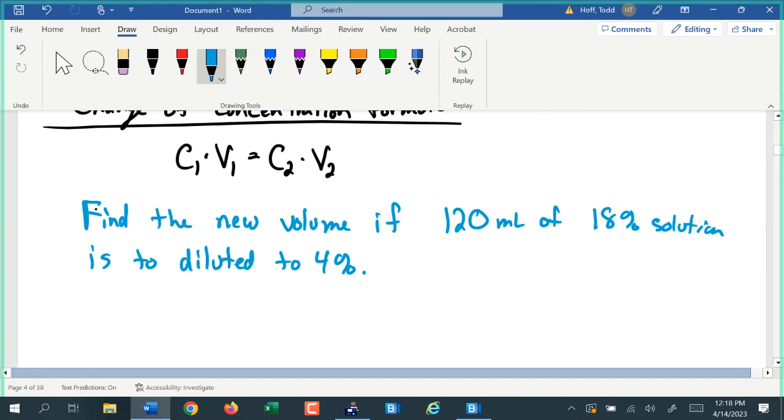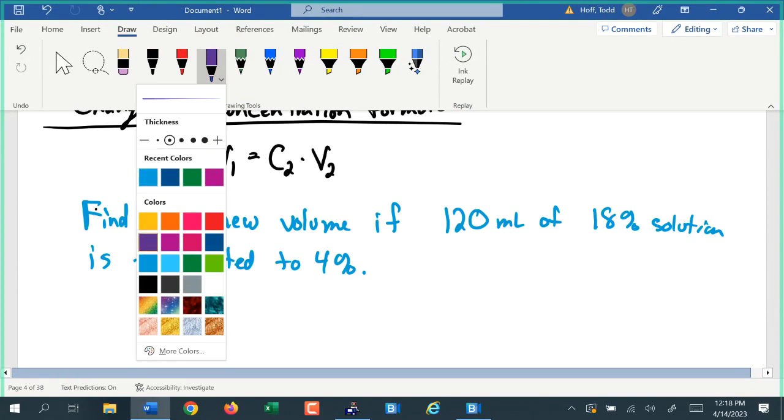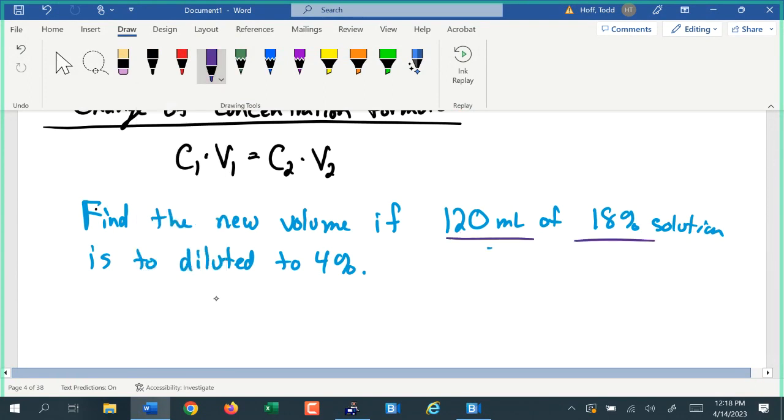So again, on the left side of this, we'll deal with what we started with. 18% is our concentration. Now I could either put that as 0.18 or I can leave it as 18. It really doesn't matter as long as I do the same on the other side of my formula. So 18% times 120 milliliters equals, on the other side, we have 4%. Since I left that as an 18 on the left side, I leave it as a 4 on the right side. And that's going to be times my new volume.